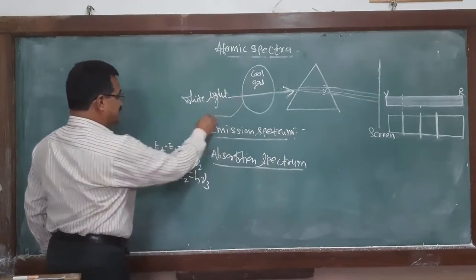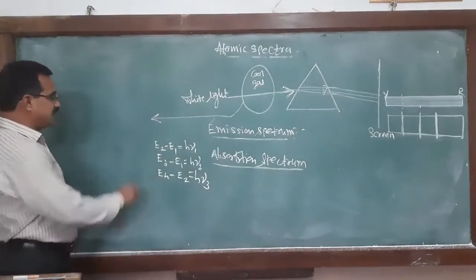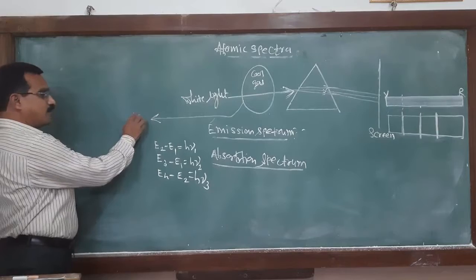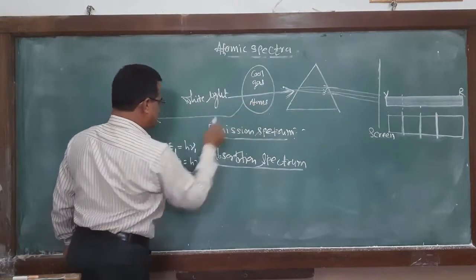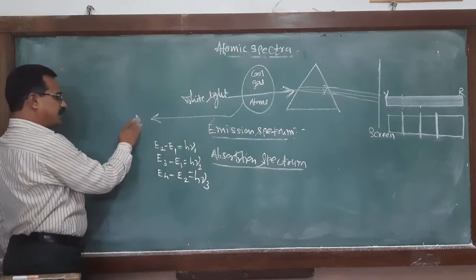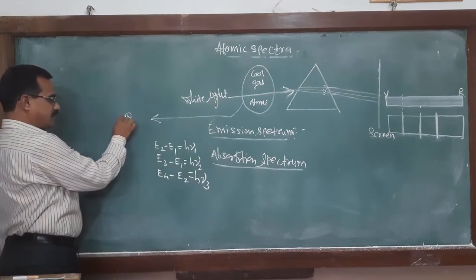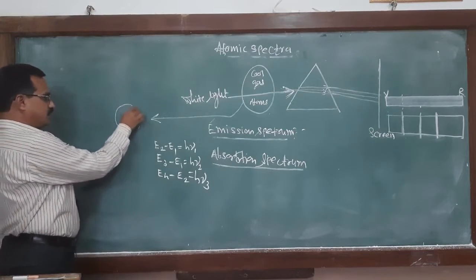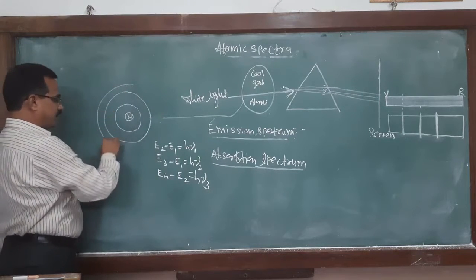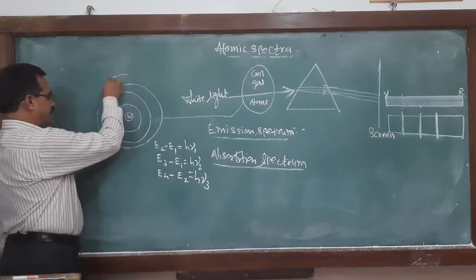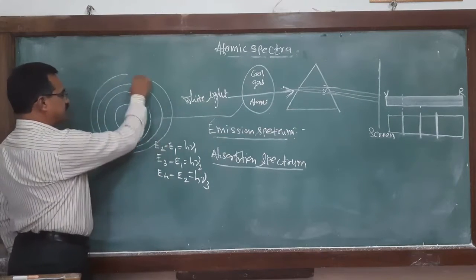When the gas is in cool condition, it again contains a number of atoms, and for each atom there is a central nucleus, and surrounding the nucleus there are different orbits.